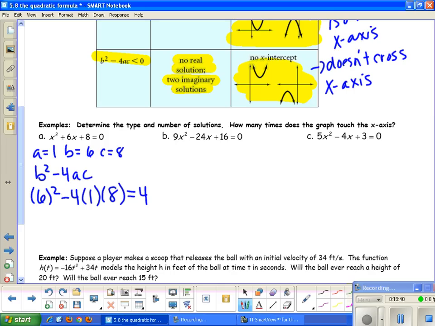So 4 is a real number, so that means I'm going to have two real solutions. That means I would have 4 underneath the radical in my quadratic formula, and the square root of 4 is 2, so that's how I have 2 solutions. And that means it's going to touch the x-axis twice.